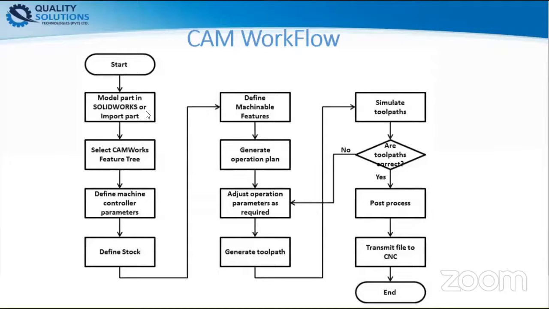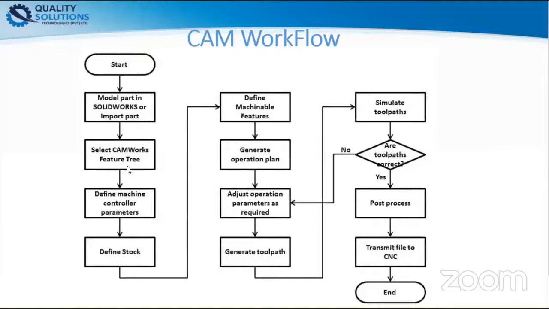If we have Creo, Inventor, or CATIA, we can import that CAD file into SolidWorks. And then we can use the SolidWorks CAM tab, or we can also use CAMWorks. I will talk about CAMWorks a little bit after some time. Basically, it is the golden partner of SolidWorks, and they developed SolidWorks CAM specifically for SolidWorks.